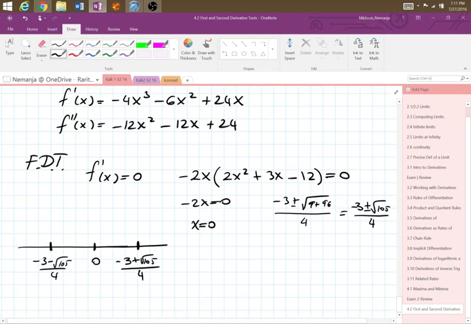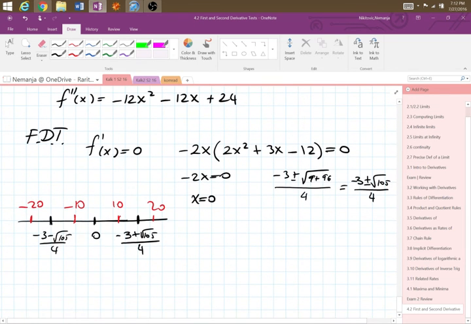So I can pick test values. Square root of 105 is close to 121, so call it 11. So roughly minus 14 over 4, between negative 13 and negative 14. So we can pick negative 10 and negative 20. The other side is symmetric, pick 10 and 20.